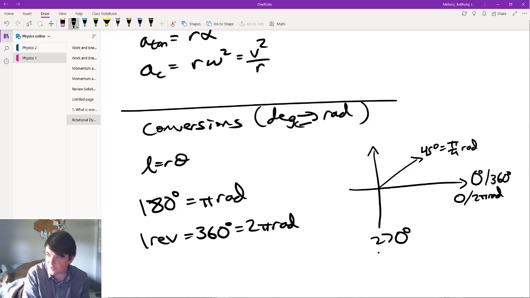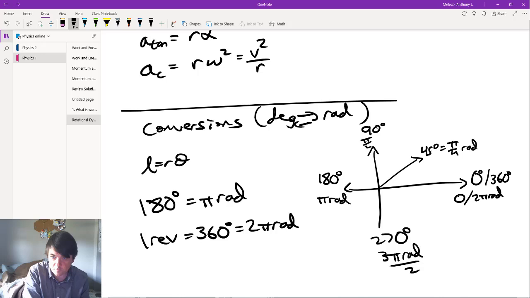And I know this lecture's fairly long. It's almost over, I promise. 180 or pi radian, and then this is 90 degrees or pi over 2. Pi over 2 radian. Let's rewrite that.